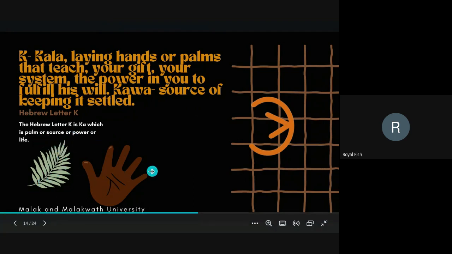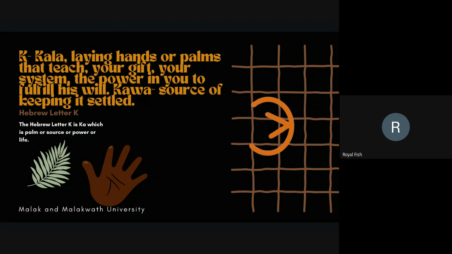So the palm, I put the palm of the hand, but I also put an actual palm leaf, because that represents healing, it represents gifts, represents the power or the source of life. So a kawa is the source of keeping it settled. So to be able to calm it down.